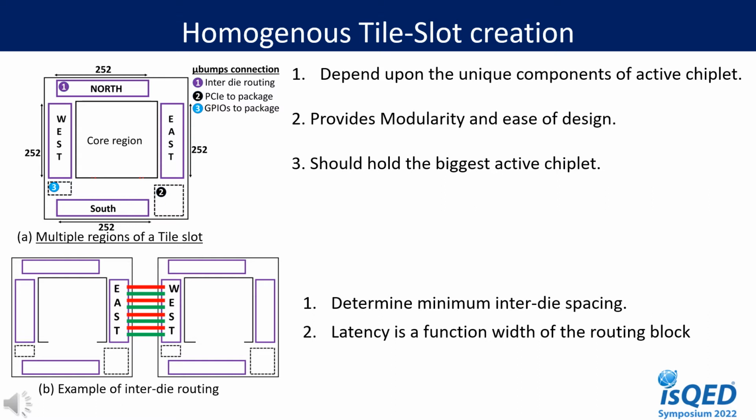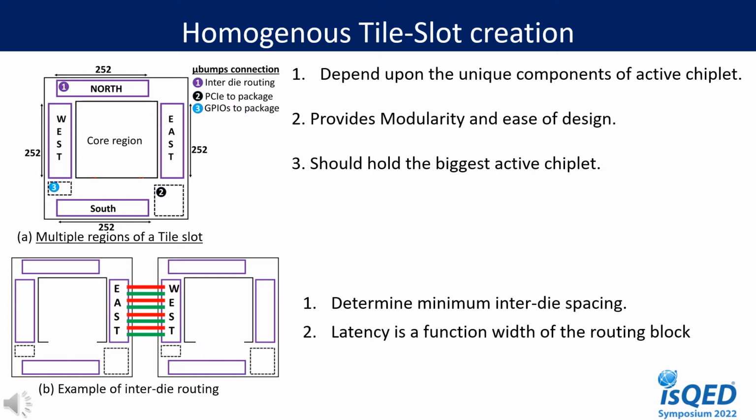The center region shown here, which is called the core region, is for providing power connectivity, creating power grids, different power domains on an active chiplet, which will further communicate to the package through this tile slots presented on a PBS system.